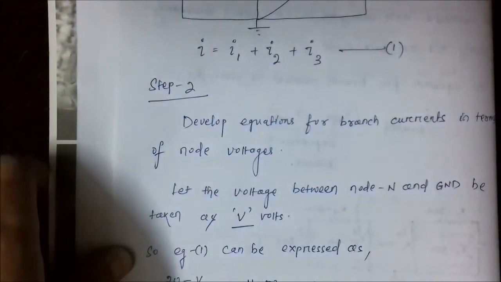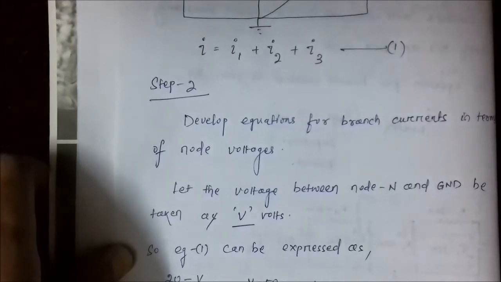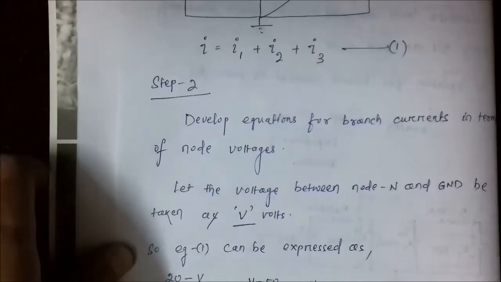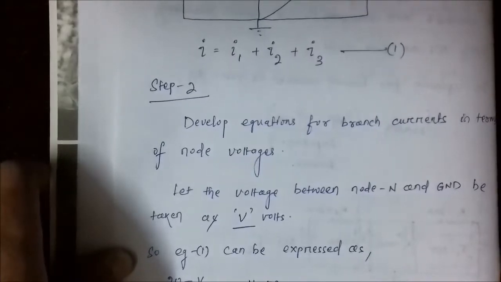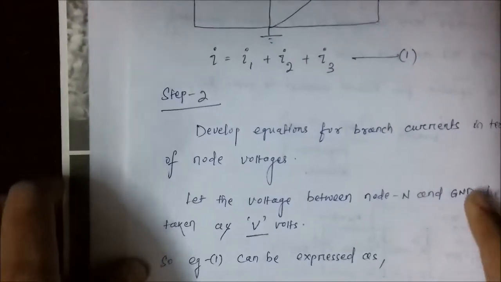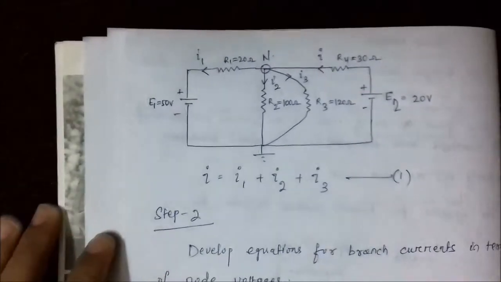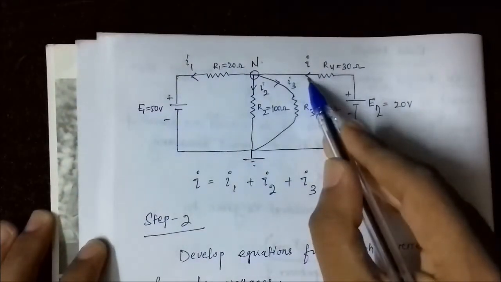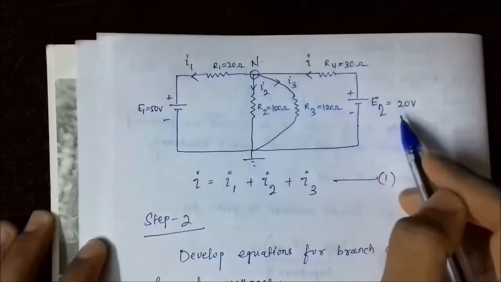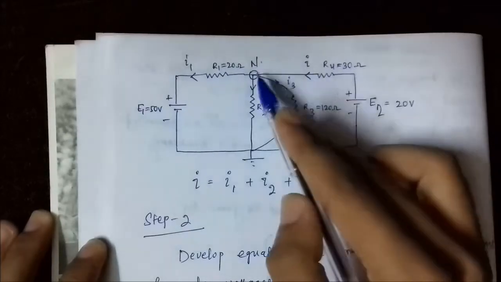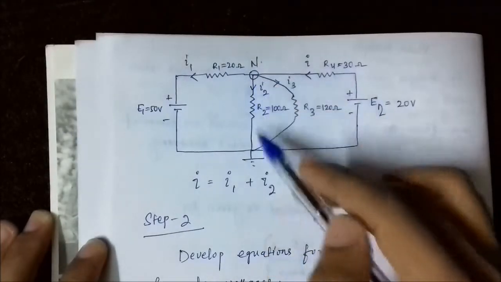We discussed it in the previous page that a branch current is given by voltage at a higher potential minus voltage at a lower potential, divided by the impedance. So let's see how we can write I. Now here, this is I. It is flowing from 20 towards this node.